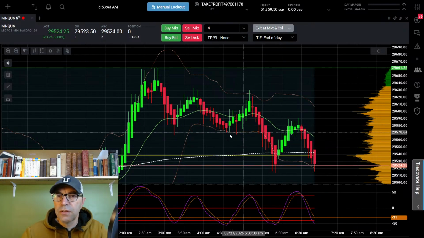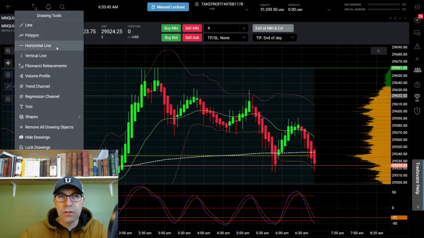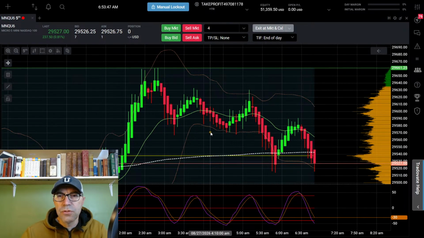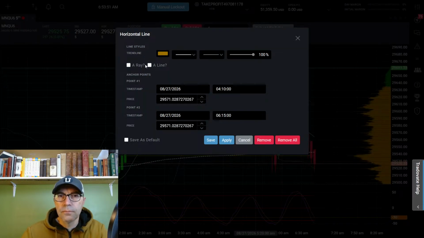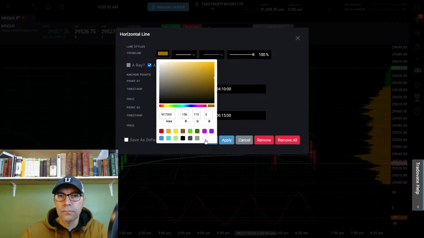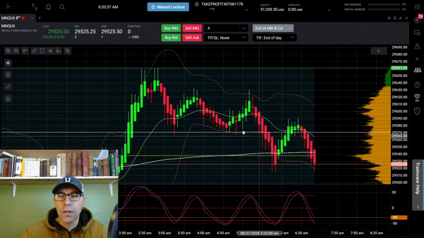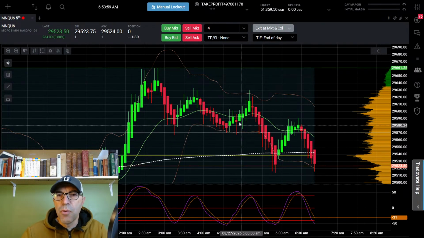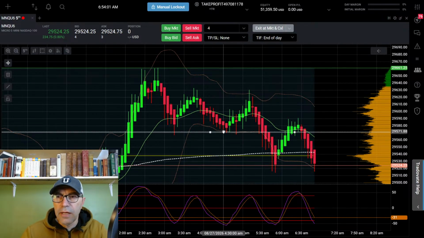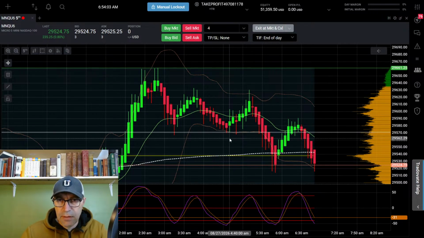Let's say you purchased at this level, support level right here. So this was your support level, okay? Let's say you purchased right here at about 570.